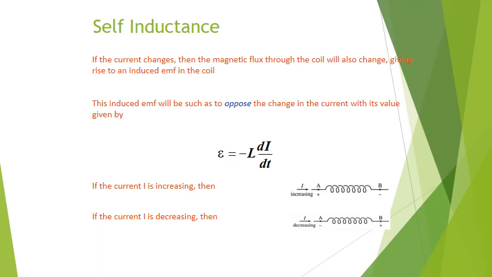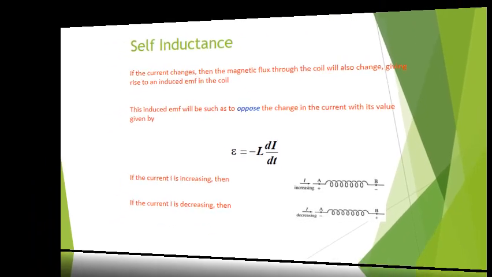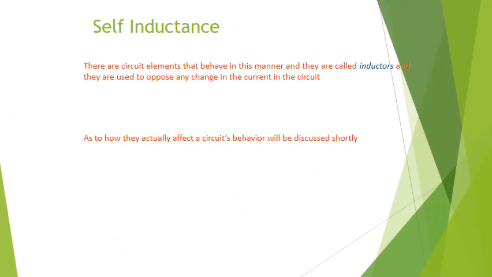Here, I is the current flowing through the coil, dt is the time and dI is the change in current. The circuit elements that behave in this manner are called inductors, and they are used to oppose any change in the current in the circuit.